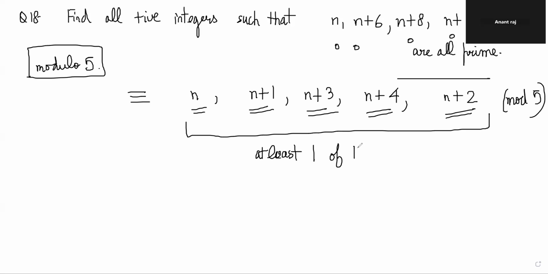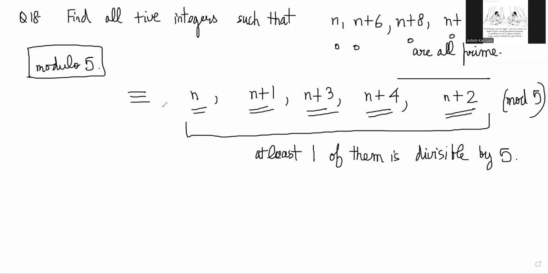One of them is divisible by 5. How am I so sure? Because if you divide n by 5, you can assume the remainder is 0 to 4. No matter what you assume, one of them will be divisible by 5.